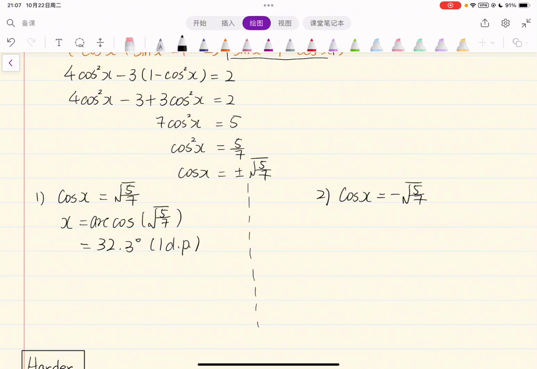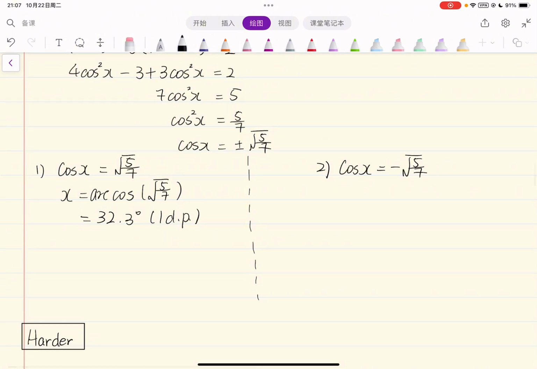And then you use the CAST diagram. Since the value of cosine x is greater than 0, which means x is in the first and fourth quadrant.